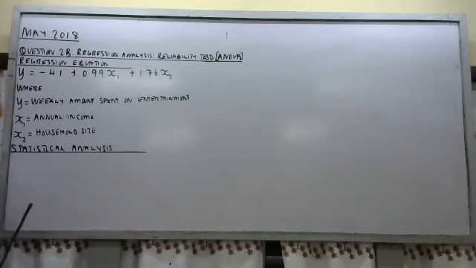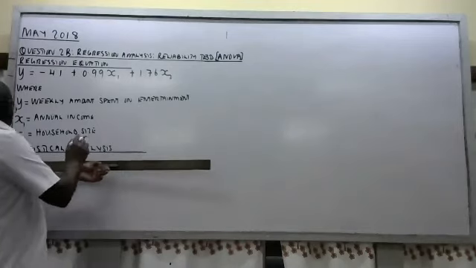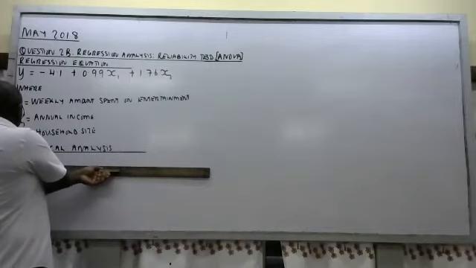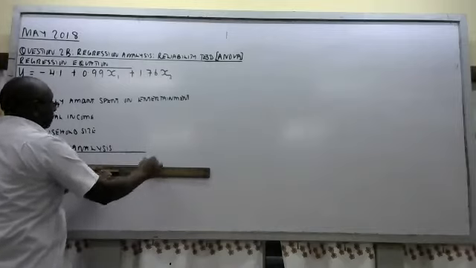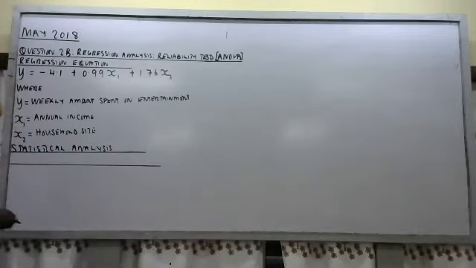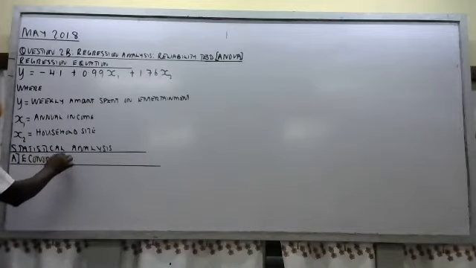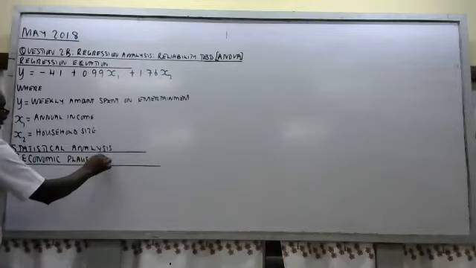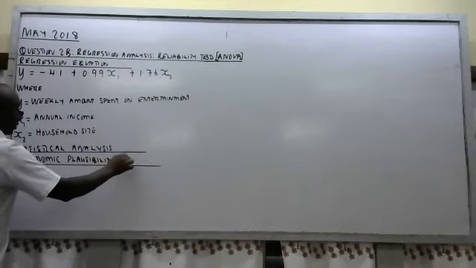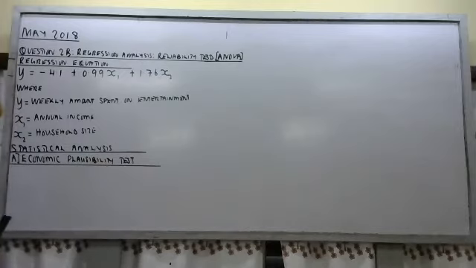Now, in the statistical analysis, I have the first category, which I want to call A, which we know is called the economic plausibility test.